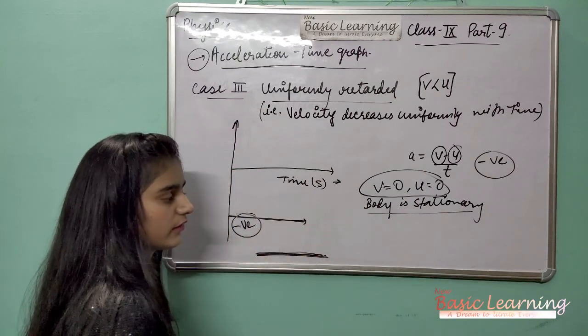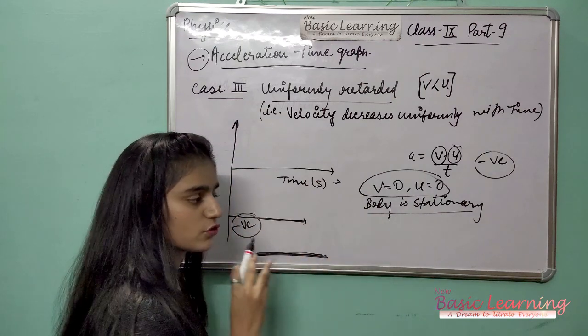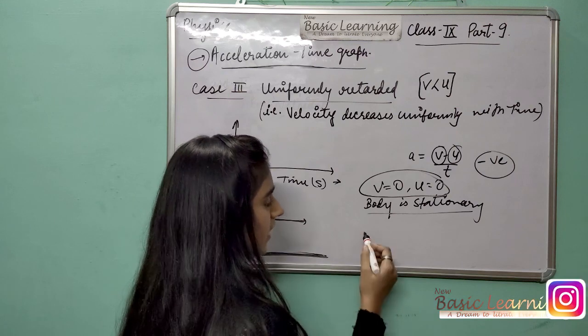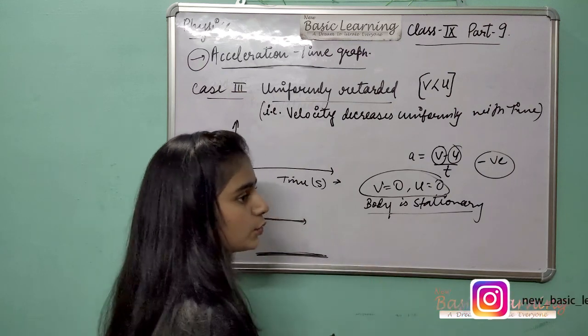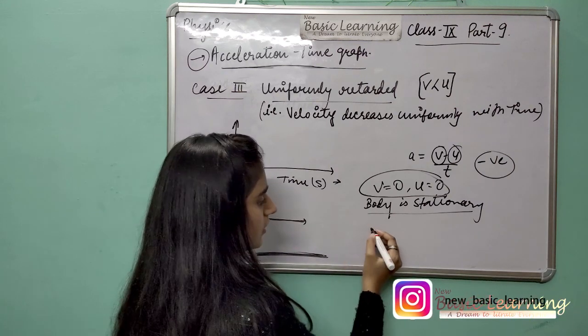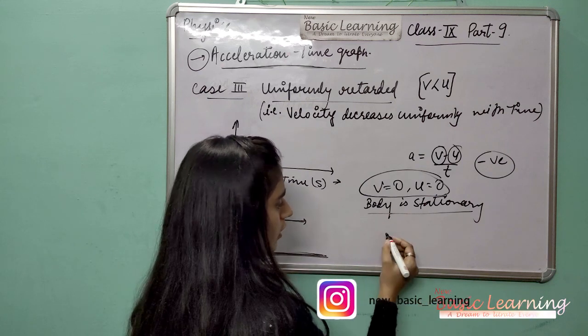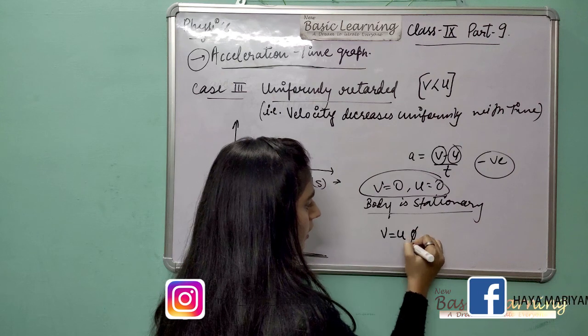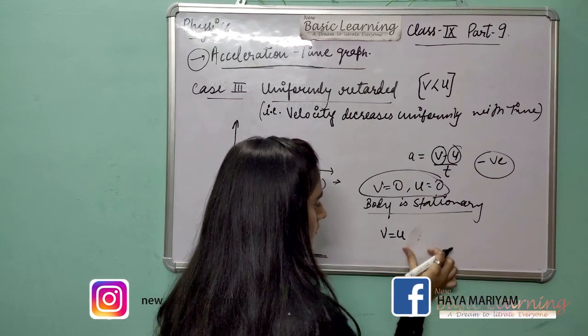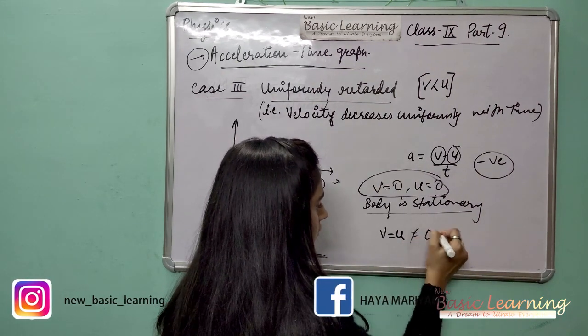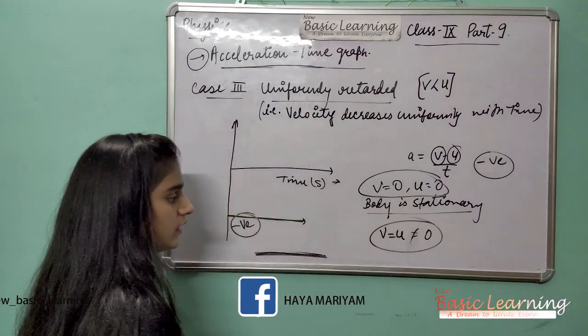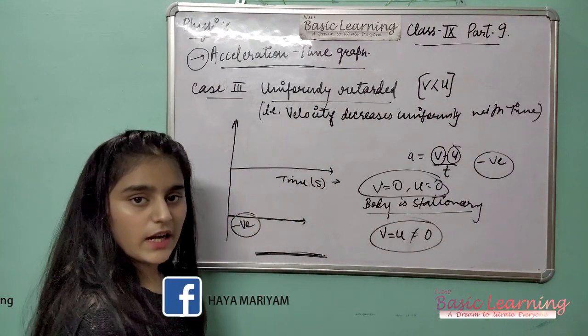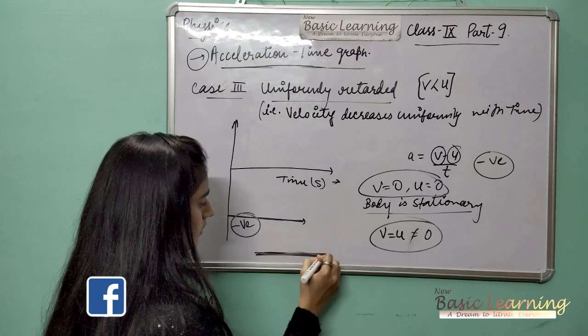In the second case the body is moving with uniform velocity, so the final velocity is equal to the initial velocity but not equal to 0. So then also the graph was overlapping on the time axis.